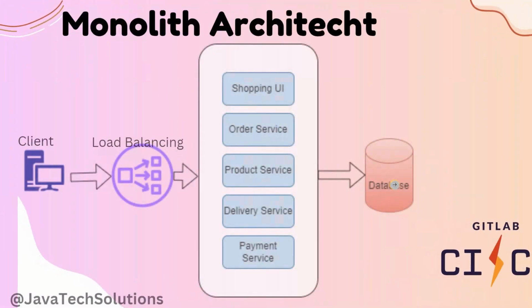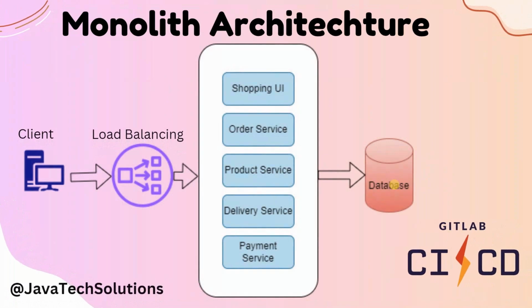A monolith architecture is a traditional approach to designing software where an entire application is built as a single unit. In this architecture, all the different components of the application, such as the user interface like the shopping UI, business logic, and data access layer, are tightly coupled, integrated and deployed together.